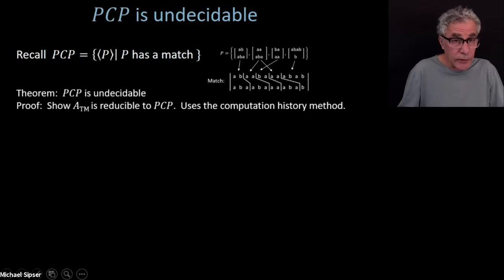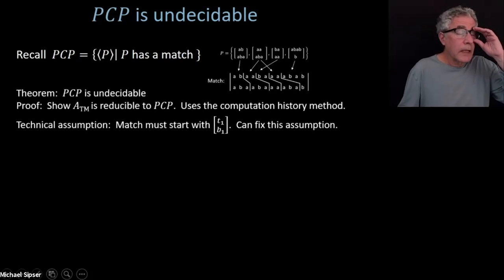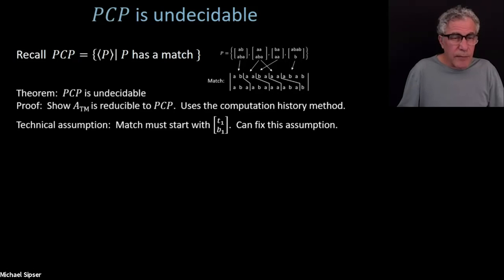So how in the world are we going to do that? First of all, there's a little detail here I want to mention. Don't focus on this, but I'm going to assume the matches always start with the very first domino in the collection. So there's going to be a starting domino.